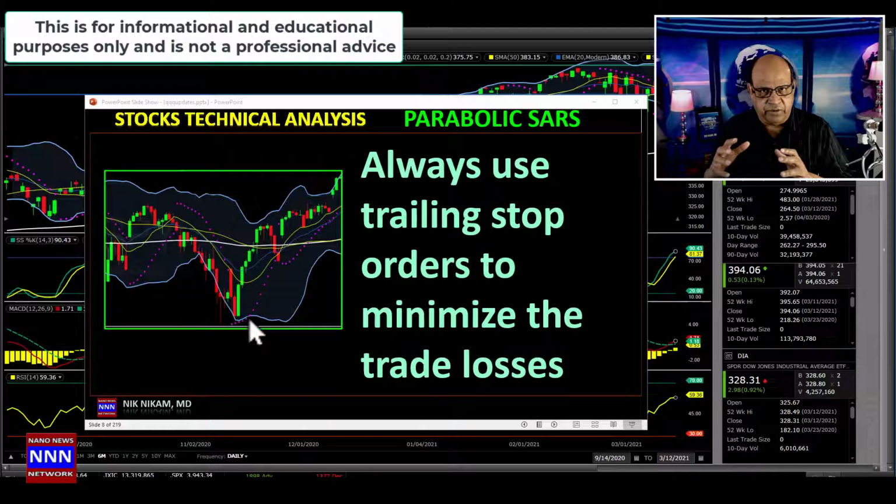Whenever we place an order, either when we short a stock or go long, the first thing we need to do is put a trailing stop order so you know exactly how much you're going to lose in case the indicator is not accurate. In fact, none of the technical indicators are 100% accurate. If they are better than 60% accurate, then you have a chance of making some money and preserving your capital.